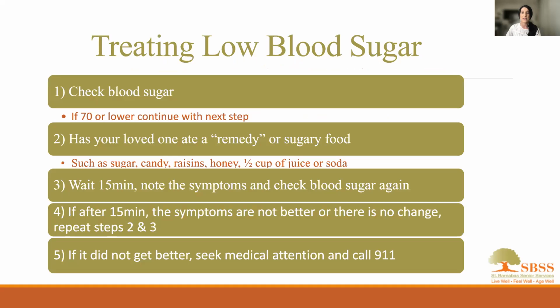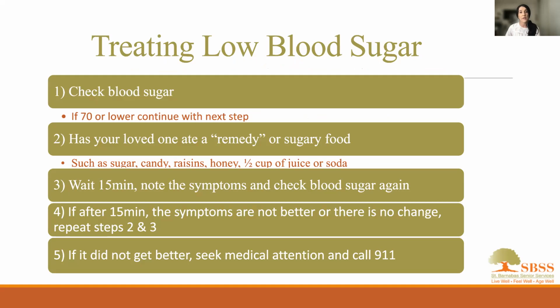Okay, next slide. So now how to treat low blood sugar. If this happens, first and foremost, you want to monitor it, right? If it's below 70, then you want to continue to the next step, which is to have a remedy or a sugary food in hand.